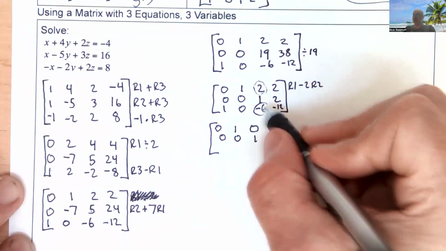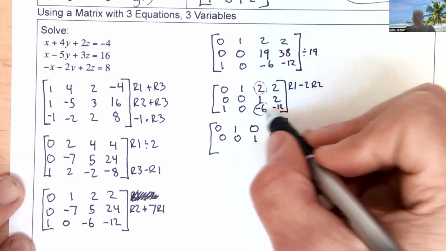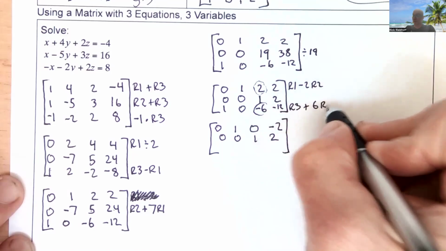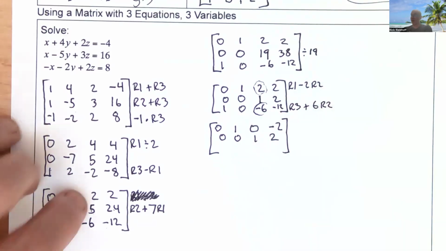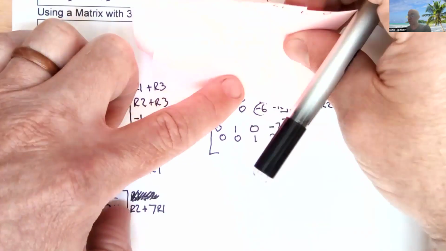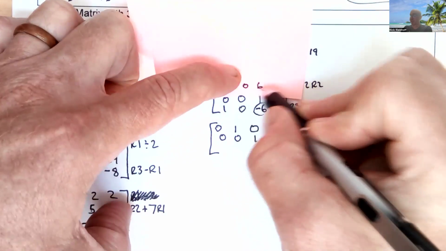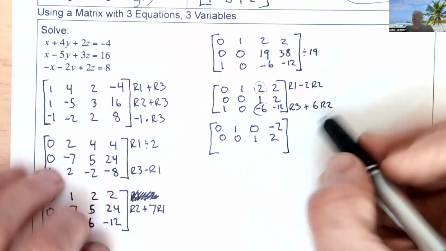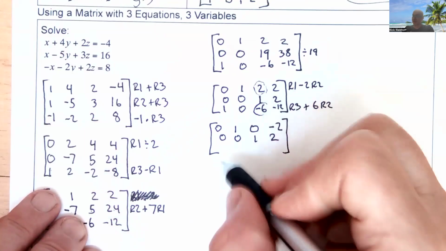All right, for the last one though, to make this a 0, what do I need? I need 6 times this plus this. So I'm going to do row 3 plus 6 row 2s. Okay? So again, if you needed to, you could grab a piece of paper and be like, okay, 6 row 2s, that's going to be 0, 0, 6, 12. And then you could add these together, right? This one's kind of cool. So row 3, -6 plus 6 times this. So that's going to be a 0.